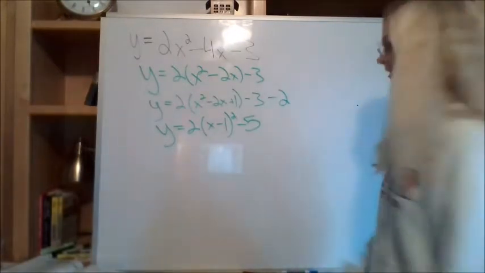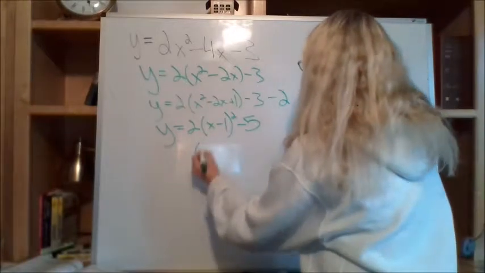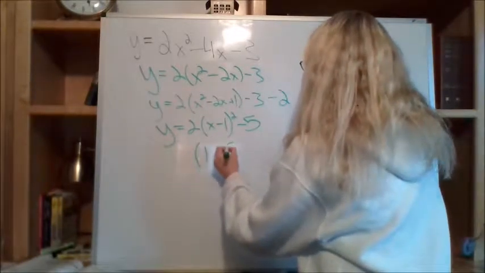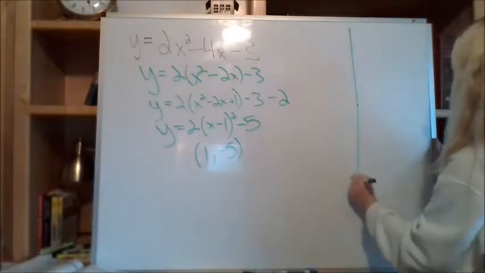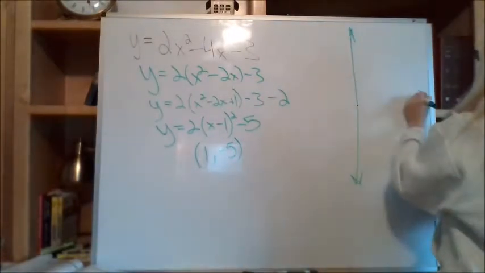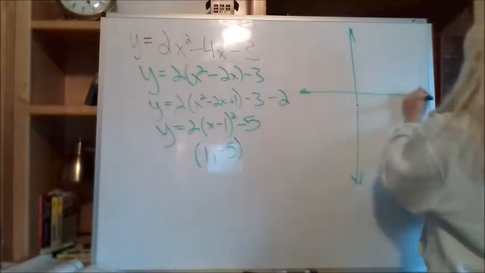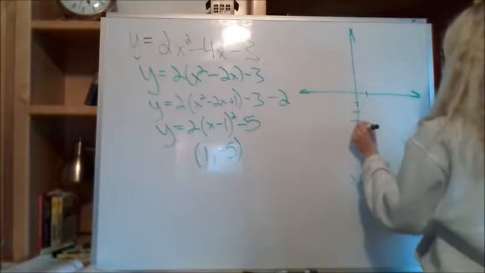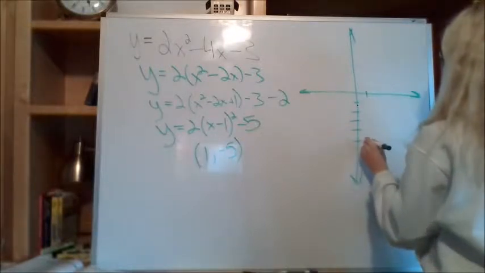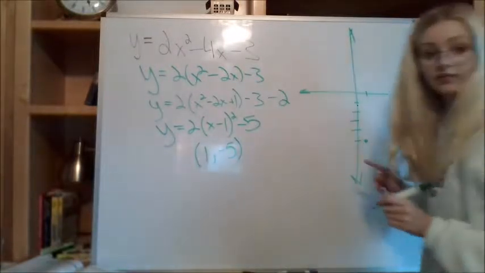And we can see that our vertex is going to be 1, negative 5. So let's graph. So 1, negative 1, negative 2, negative 3, negative 4, negative 5. 1, negative 5.